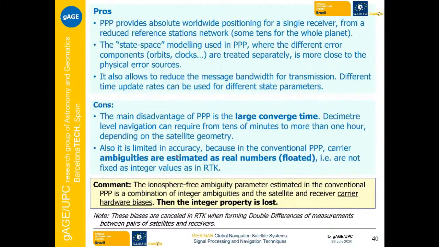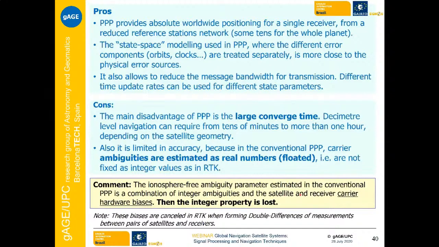In this case, in PPP, we cannot take benefit in classical PPP of the information about the integer nature of the ambiguities as we do in the case of RTK. Because the ambiguity parameter we are estimating here is a combination of the integer ambiguities plus the receiver and satellite hardware bias plus these real valued terms.